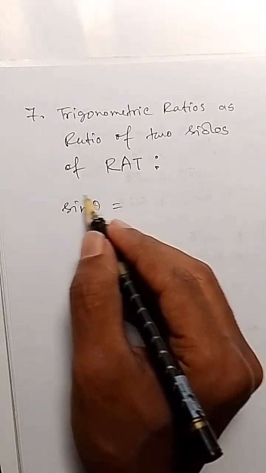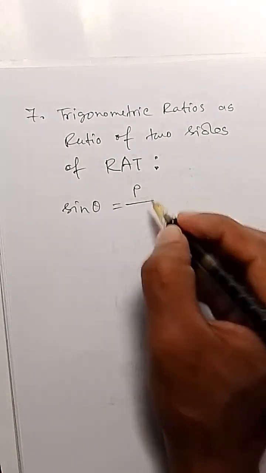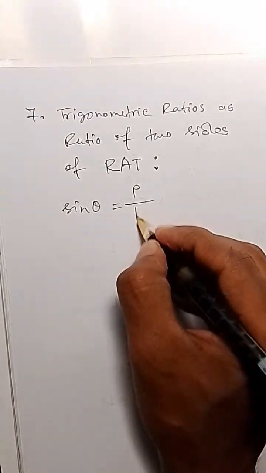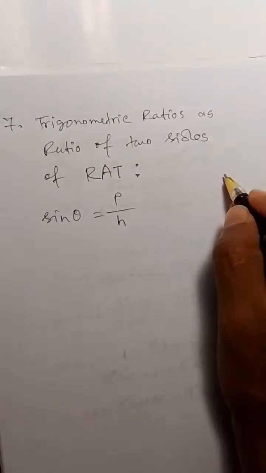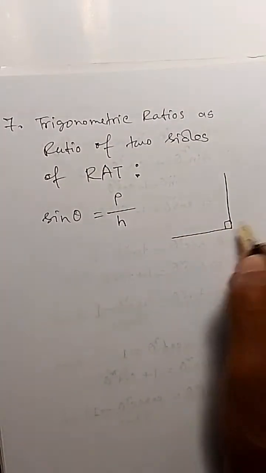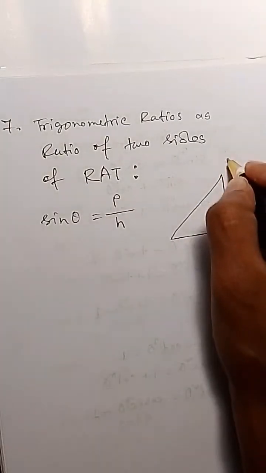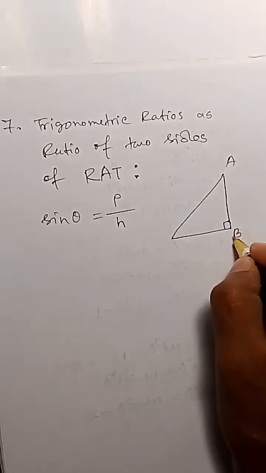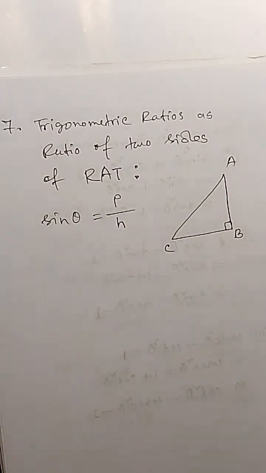So sine theta is actually the perpendicular divided by hypotenuse. Let me draw the picture of a right angle triangle here.